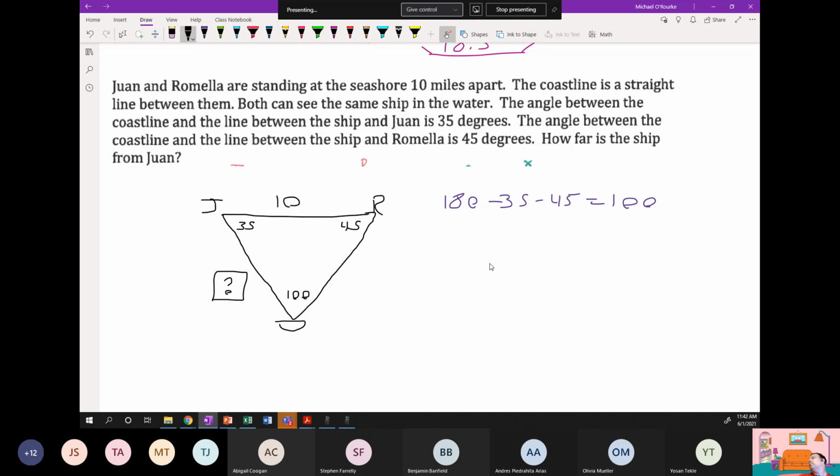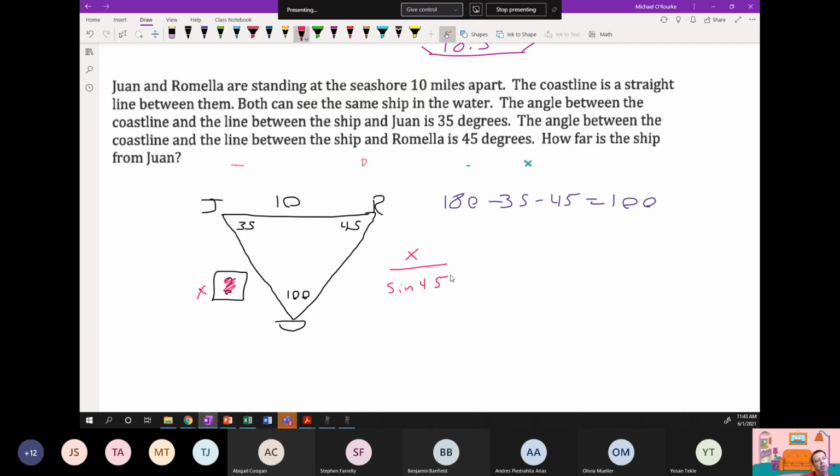So then we start building from there. The unknown is right here, so let's make that an x. So it's going to be x over sine 45, its buddy.